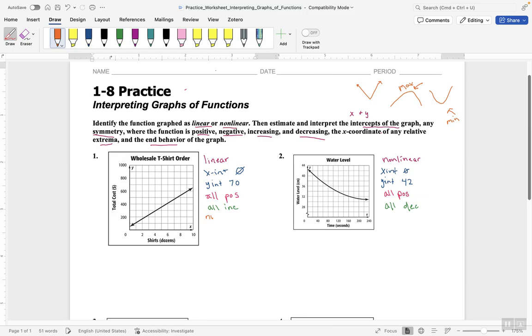Extrema is the general term for min and max. There's different kinds: relative and absolute minimums and maximums. You can write no min and no max, or you can write no extrema, and that covers them both. Here, it's not really a turning point, so I'm going to say no extrema.